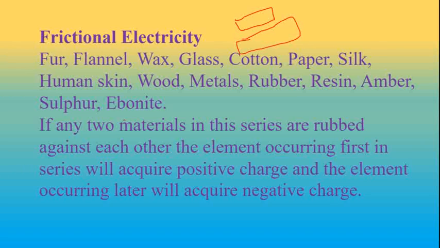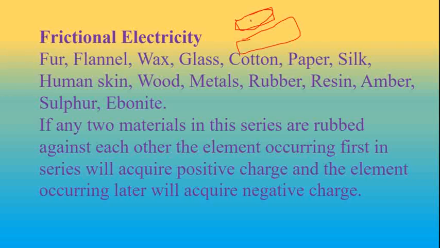If we rub this silk cloth with this rod, there will be some flow of electrons from the rod to the silk cloth. Here shifting of electrons is taking place.